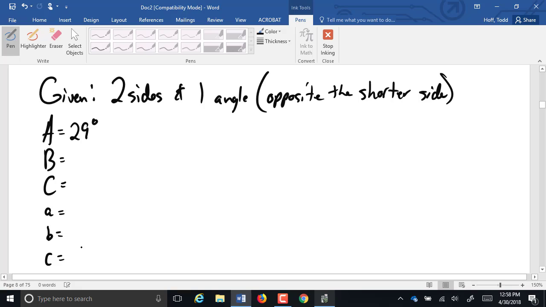So let's say we're given A is 29 degrees, that little a is 31 inches, and little b is 52 inches.